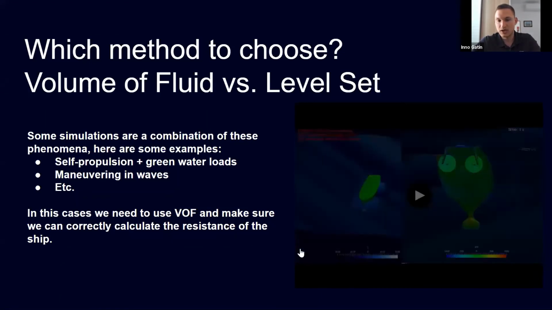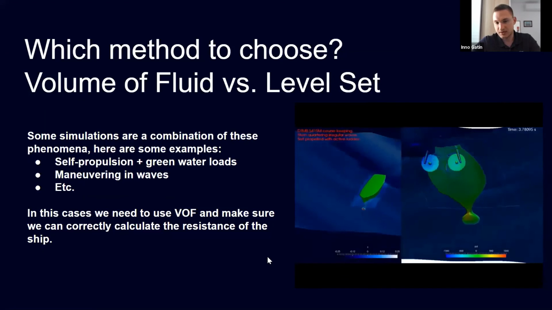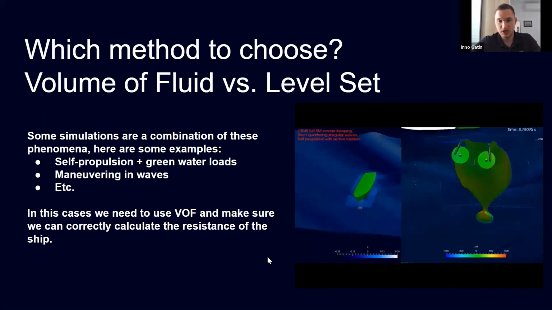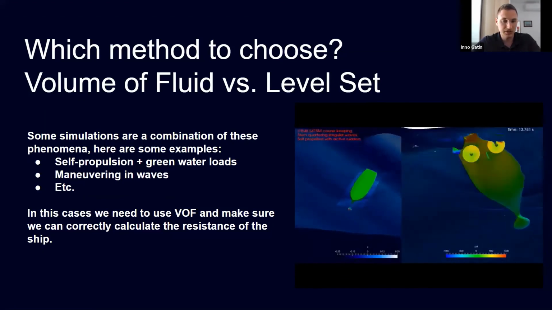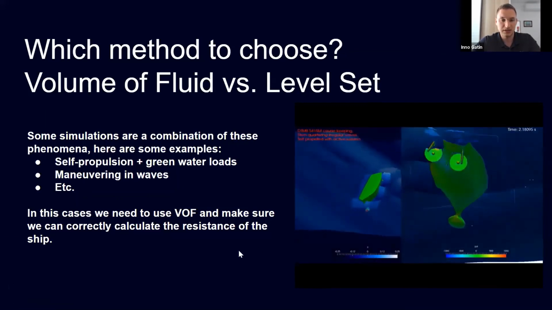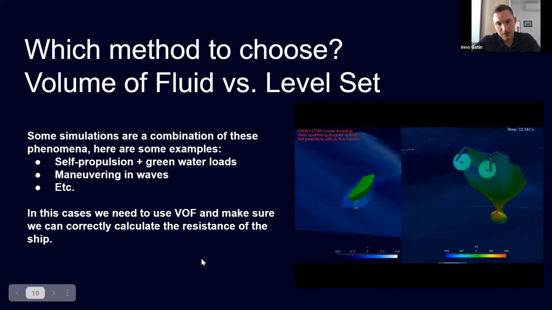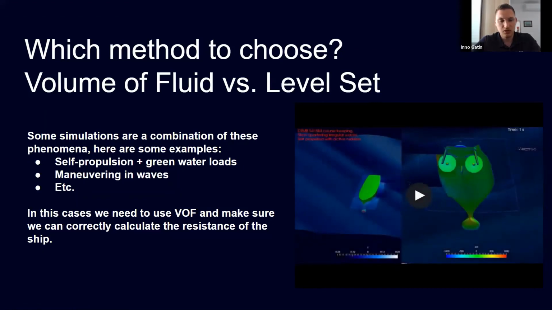We have two actuator discs acting as propellers, but the vessel at one point ships a little bit of sea on the deck. Since this simulation is performed with level set, we cannot be sure that the mass is conserved and that the green water event is accurately captured. So in these cases, we would like to know that if we use VOF, we will still be able to evaluate the force acting on the hull accurately. In other words, we want to avoid having significant ventilation, which could ruin the accuracy of this method.